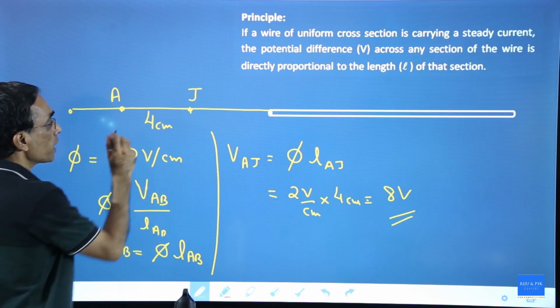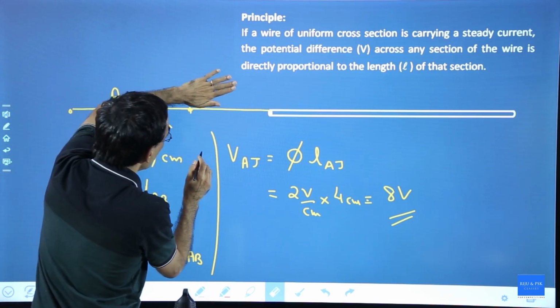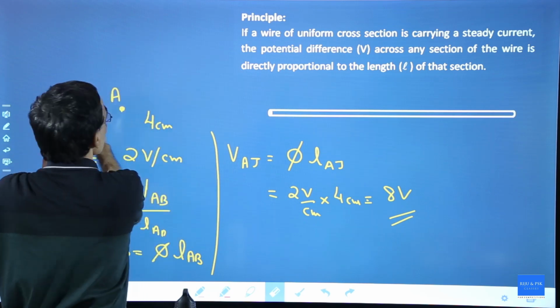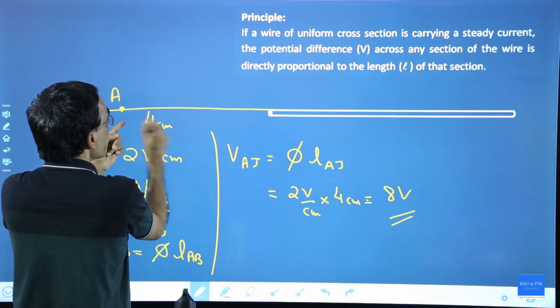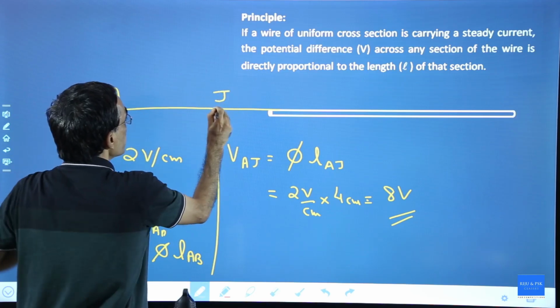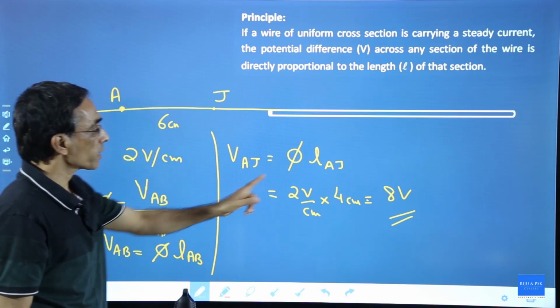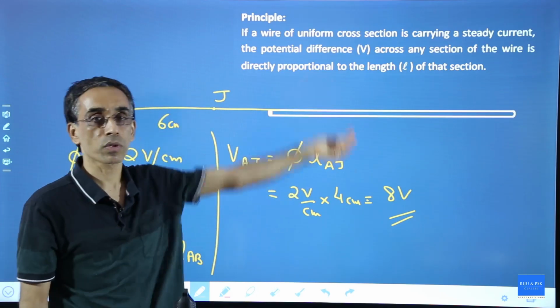What will happen if this point is not taken here? Suppose this point is not taken there on your wire. Instead of taking it 4 centimeter, suppose I am taking it at a different point here, so that this is 6 centimeter. What will be the potential difference? Naturally, there will be 6 into 2, it will become 12 volt.